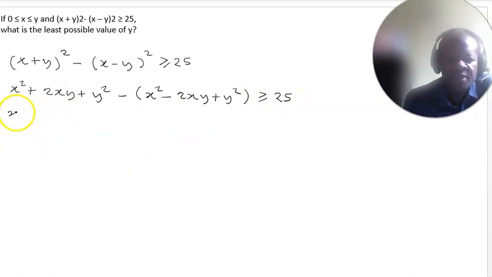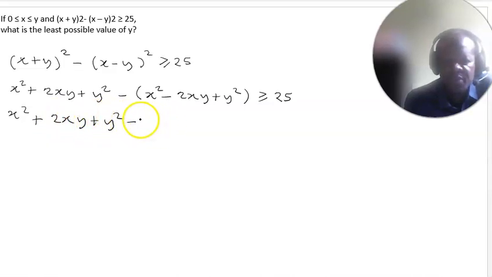So x squared plus 2xy plus y squared minus x squared, we open the bracket now, plus 2xy minus y squared greater than or equal to 25.